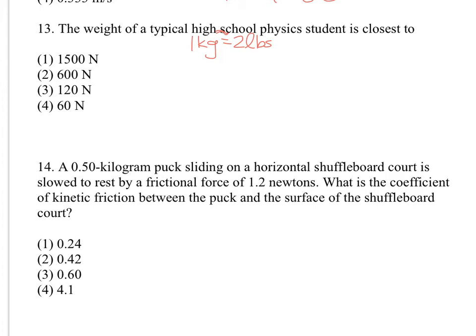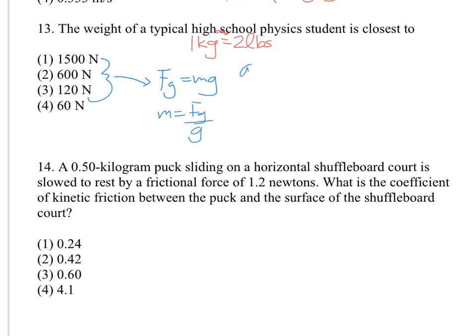So, the quickest way is to divide each of these by approximately 10 using this equation. If this is F_g, all of these are F_g, and we're looking for a mass here, so we have to do F_g divided by g.